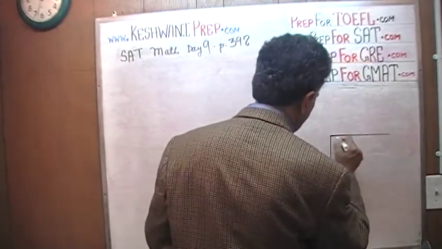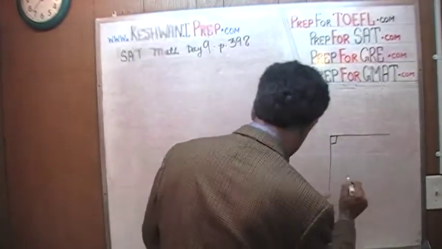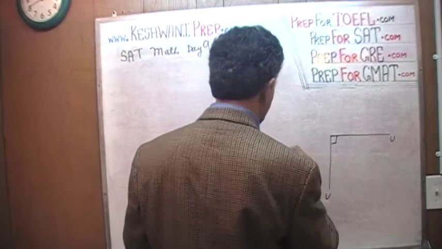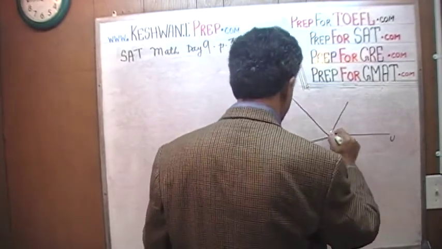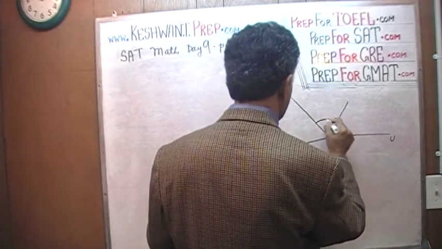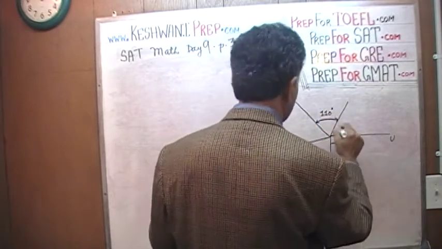So the very first thing I'm going to draw is this 90 degrees, and they call it V and U, and that of course is 90 degrees. Then they show you something like this, and like that, and like that. Very straightforward. Here to here we are told is 110 degrees.